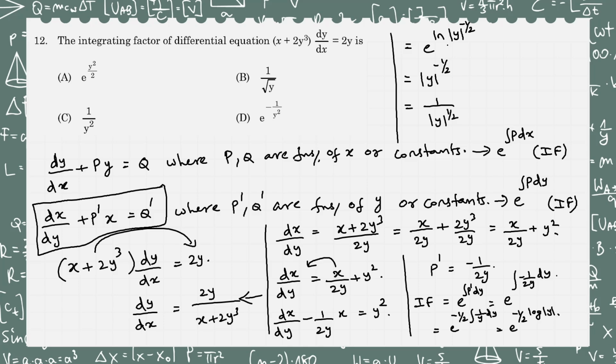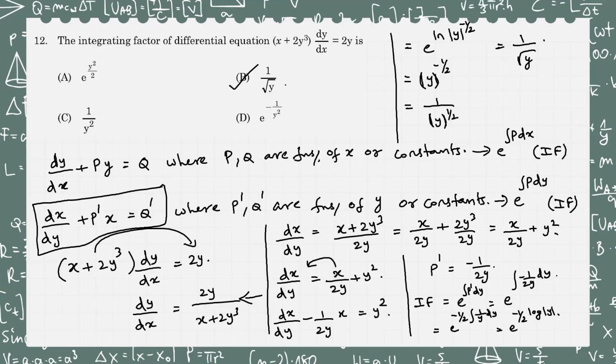See, when ln is there, modulus of y is required. When ln got cancelled, modulus of y is not even required, because y can take any value. When ln is there, that is when we have the problem. So this is just y. So this will be 1 by root y. So the correct answer is option B.